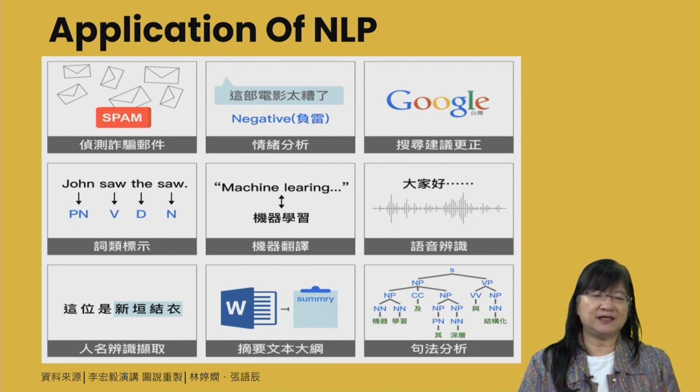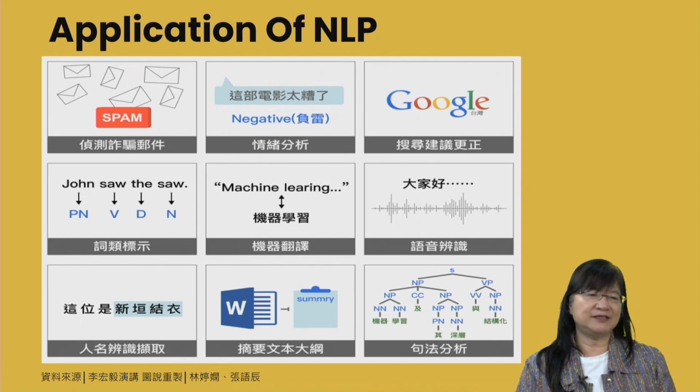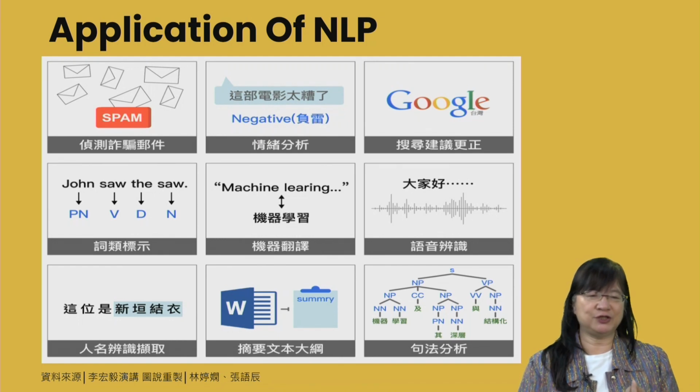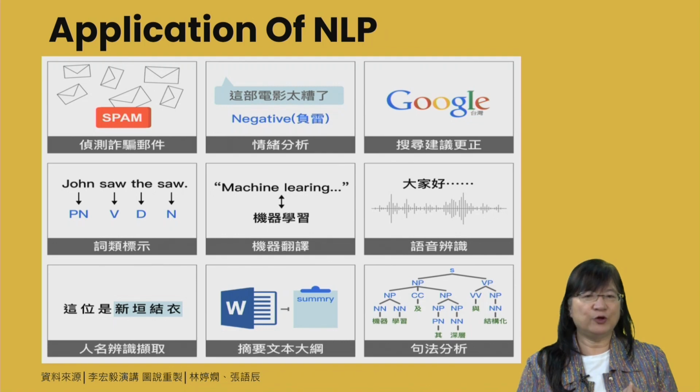Of course, this is also really good for students to make a summary, and NLP can do this for us. And the last one is for linguistics, for syntax and sentence analysis.